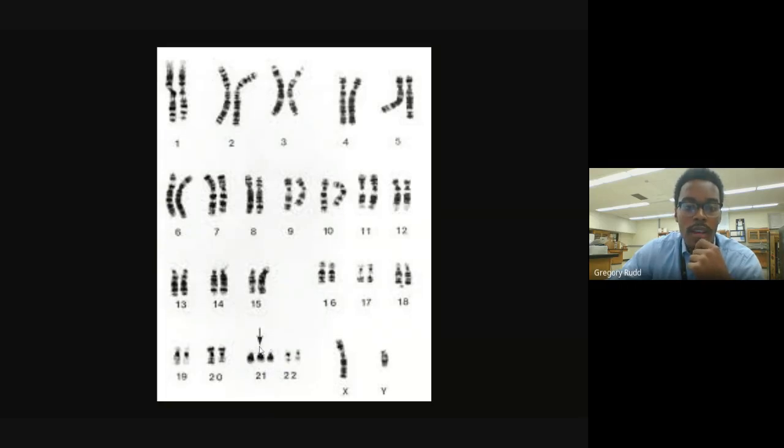So people who have Down syndrome, instead of having 2 chromosomes on the 21st position, they have 3. And there are other conditions like that. There's trisomy 18, trisomy 13, and then there are some conditions in which you could be missing a chromosome, but it's more likely that you have an extra one. And the reasons for that we'll talk more about later in the course. But that was a good question, Sean.